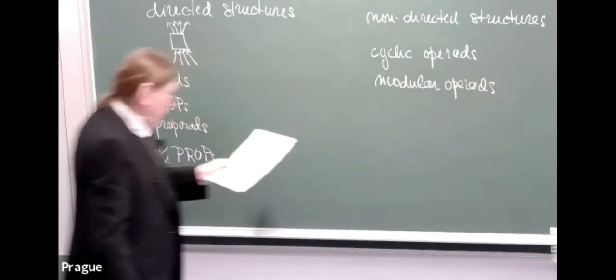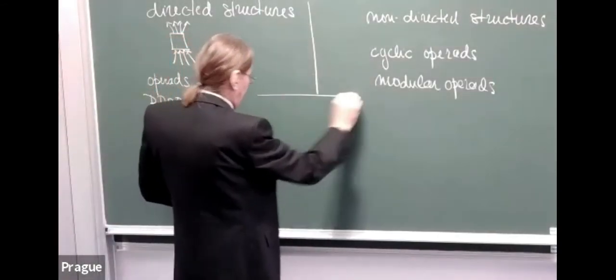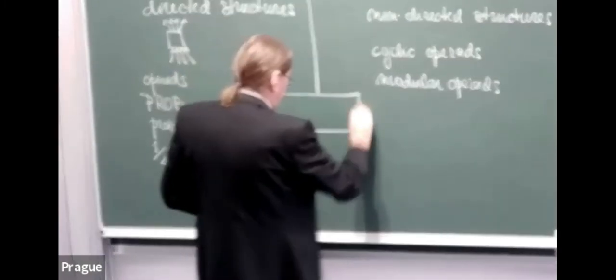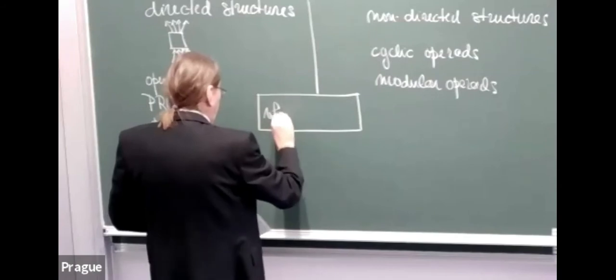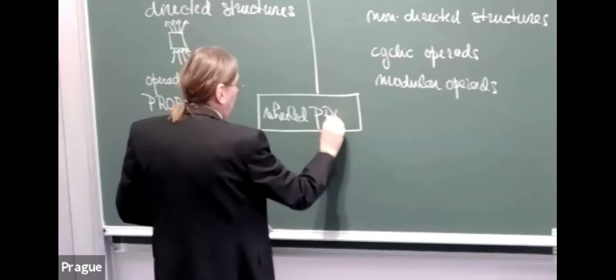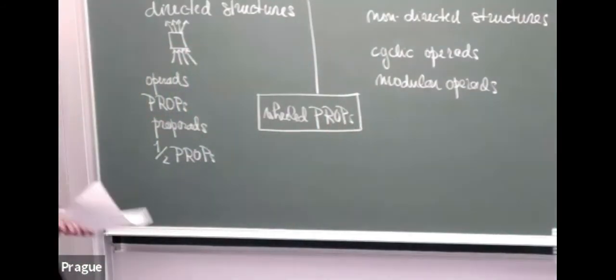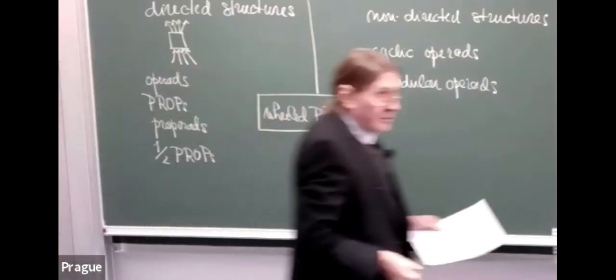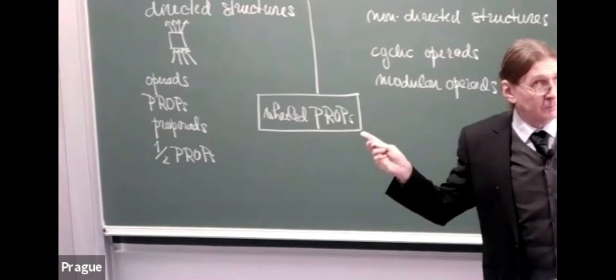And then there is one particular example of a structure which somehow lies in between these two, and these are wheeled props. And there are some other structures which don't exactly fit into the scheme, like hyperoperads, permutads, and so on.